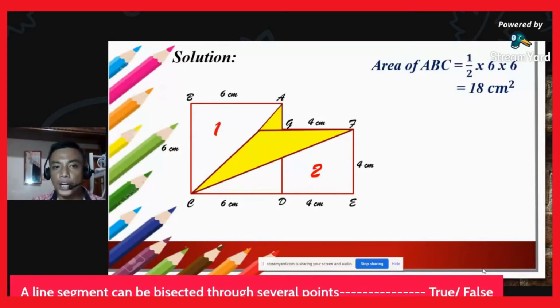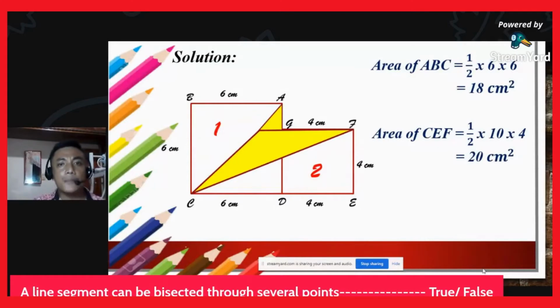Therefore, the area of triangle CEF is computed as 1/2 times 10 times 4, which gives us 20 square centimeters. So the area of triangle ABC is 18 square centimeters, and the area of triangle CEF is 20 square centimeters. Now, are we ready to compute for the area of the shaded region?